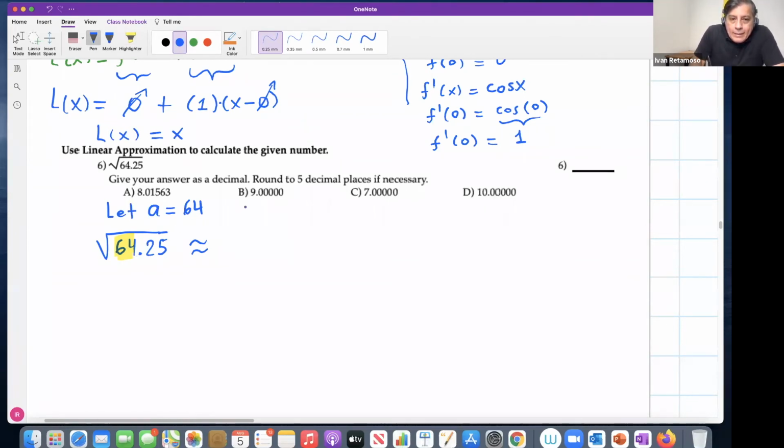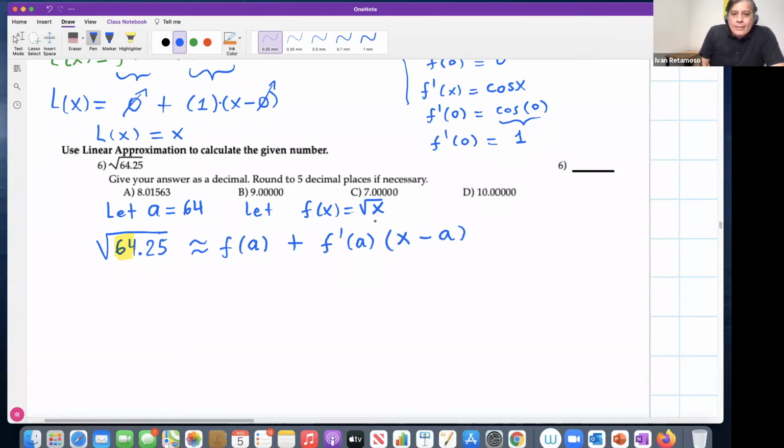Now, let the function be the square root of x function. Again, base point 64, function square root of x. And with these two, directly do this: f evaluated at a plus f prime evaluated at a times x minus a.